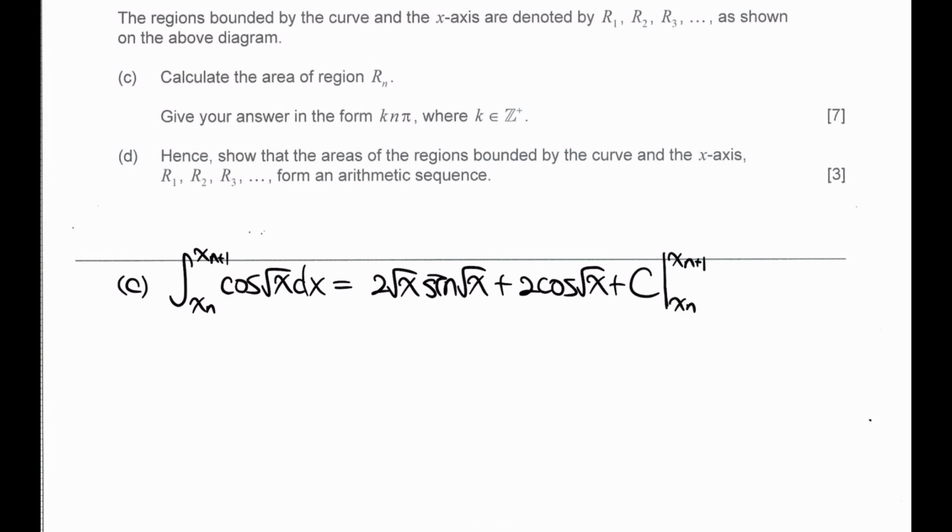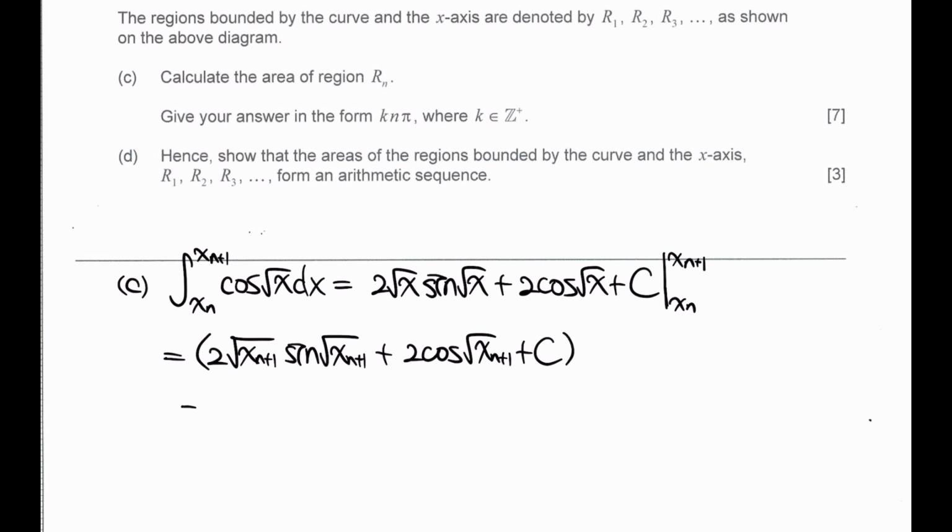So it is equal to 2 square root xn plus 1 sine of the square root of xn plus 1, plus 2 cosine square root xn plus 1 plus c, and then minus 2 times square root xn sine of square root xn plus 2 cosine square root xn plus c.